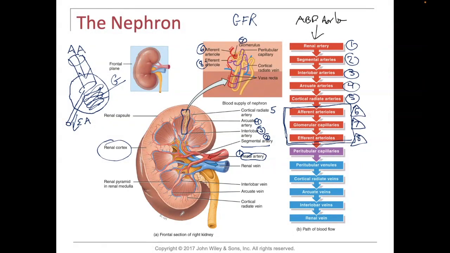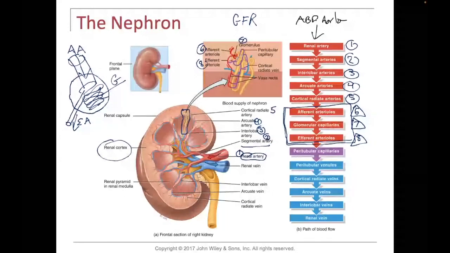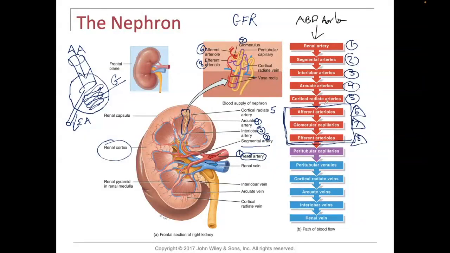Hopefully that made a little bit of sense. And I'm going to go through this a few more times, but just want to introduce this concept of how the blood gets into this glomerulus. The glomerulus is housed in this structure called the renal corpuscle, which is also referred to as Bowman's capsule.